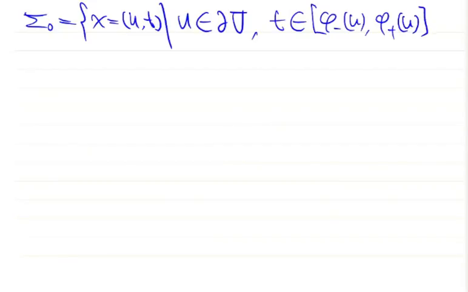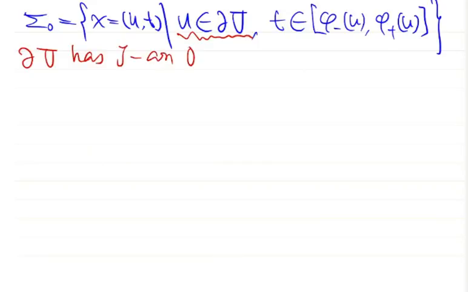You can check that sigma 0 is this set. Since U is a Jordan domain, the boundary of U has Jordan content 0. Then you can prove that sigma 0 has Jordan content 0.